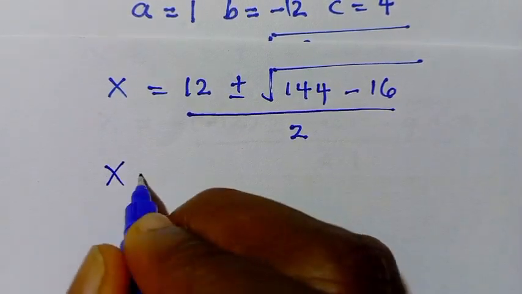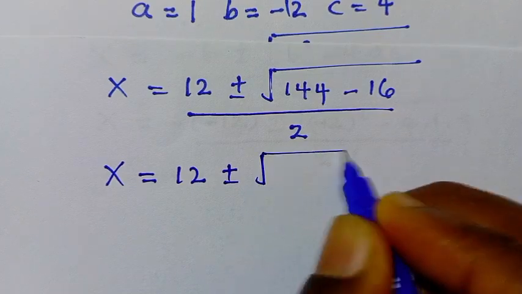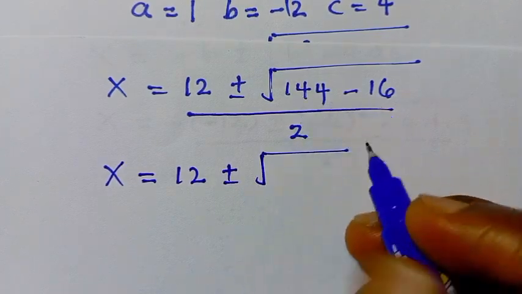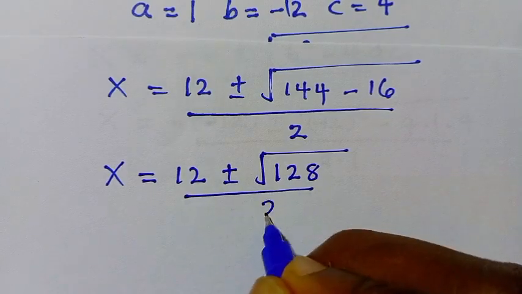So here we have x equals 12 plus or minus square root of 144 minus 16, that is 128, divided by 2.